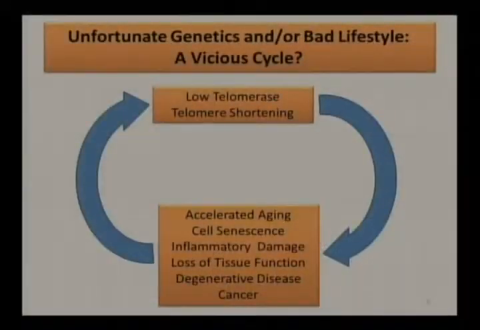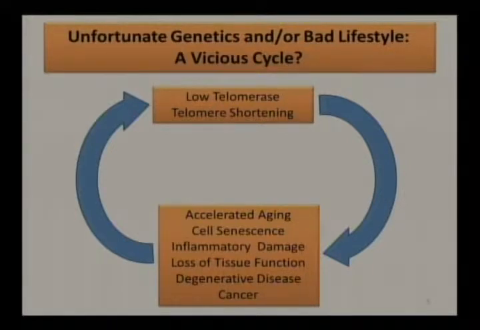So what we know now is that either unfortunate genetics, if you have mutations that reduce your telomerase activity, or a lifestyle that's not conducive to telomere maintenance, you have a vicious cycle essentially where low telomerase and telomere shortening can of course lead to all of the things that you've heard about: accelerated aging, cell senescence, inflammatory damage, ultimately loss of cell and tissue function, and degenerative disease, including cancer.